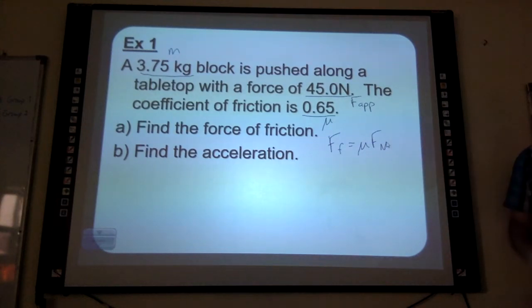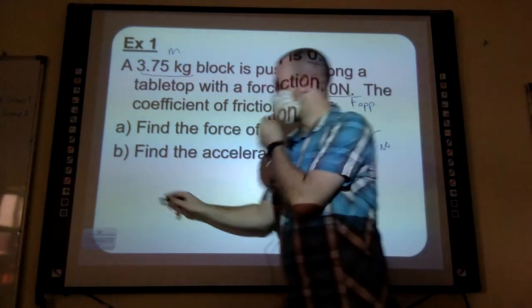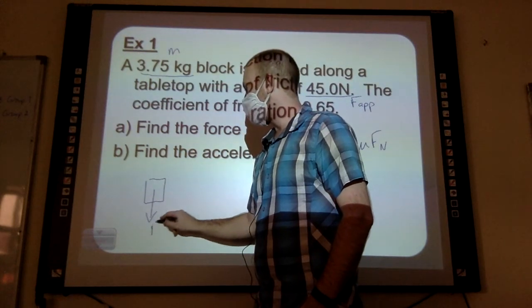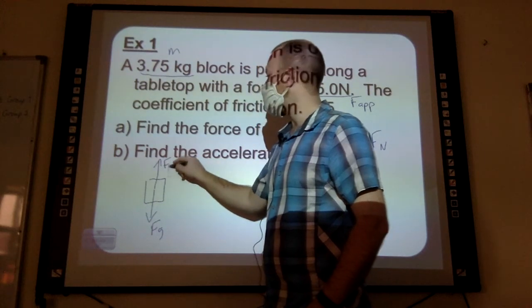Do I know what Fn is? Is it given to us in the question? No. How could I get Fn? Is it the same as the force of gravity? What do you think? Yeah. So if I were to draw a free body diagram, here's Fg, here's Fn.